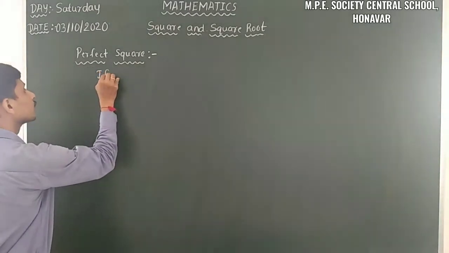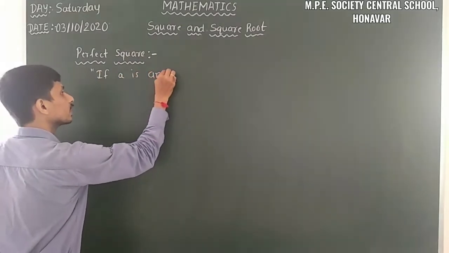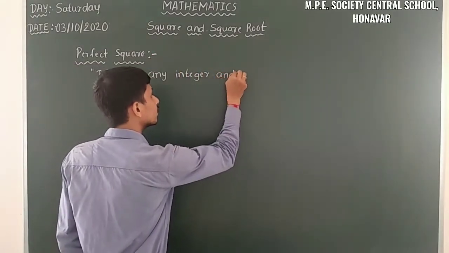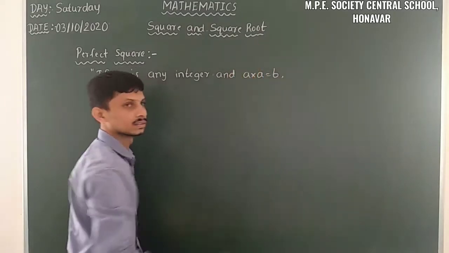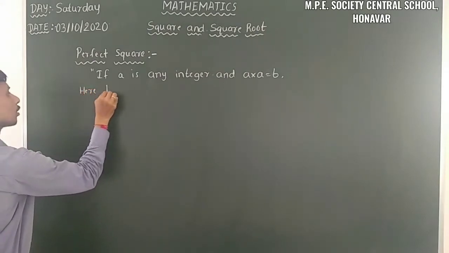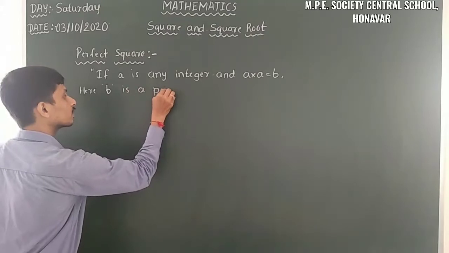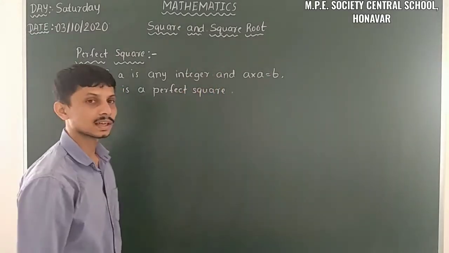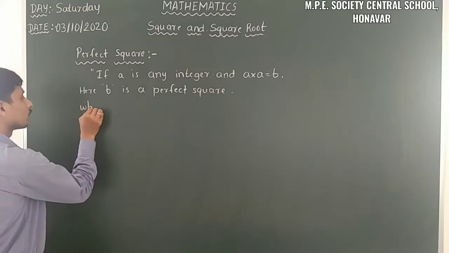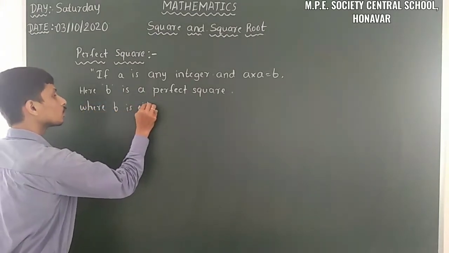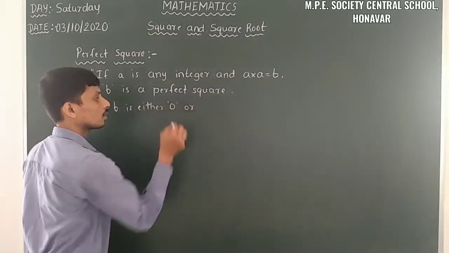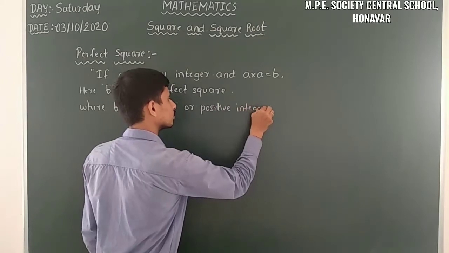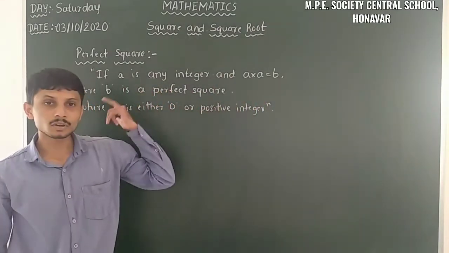If a is any integer, and a into a is equal to b, here b is a perfect square, where b is either 0 or a positive integer. Why is it only 0 or a positive integer?